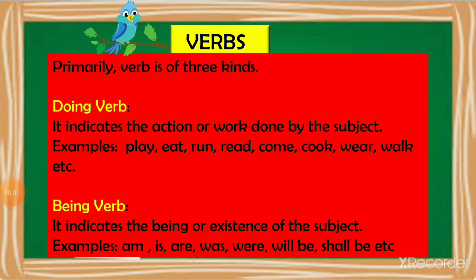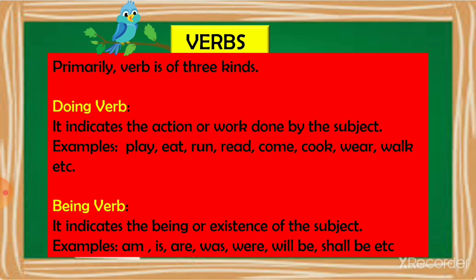A verb is of three kinds: doing verb, being verb, and having verb. Doing verb: it indicates the action or work done by the subject. Examples: play, eat, run, read, come, cook, wear, walk, etc. Being verbs: they indicate the being or existence of the subject.